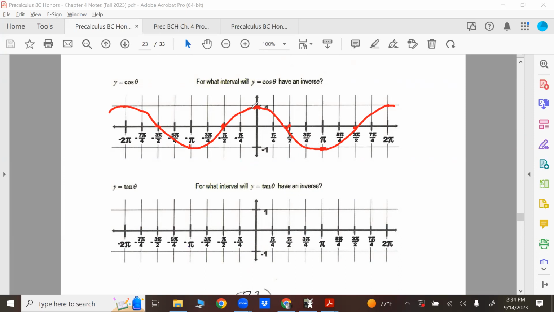And obviously this fails the horizontal line test. So we need to restrict the domain somewhere. Like I could do this, or this, or this. There's infinite possibilities. Which one do we use for the default? You guys remember? Yeah, 0 to pi. Exactly. That's the default. Again, this is the default range.